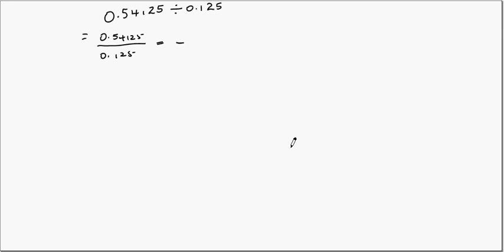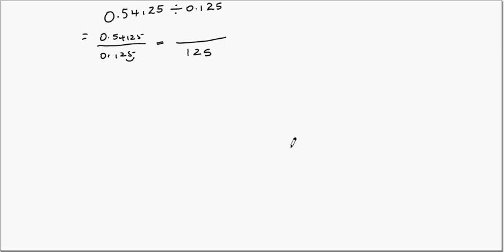In order to change the denominator to a whole number, we have to multiply it by 1,000. Okay? So this multiplied by 1,000 means move the decimal point 1, 2, 3 places to the right. Okay? So it will become 125 below, which is equivalent to multiplying by 1,000.